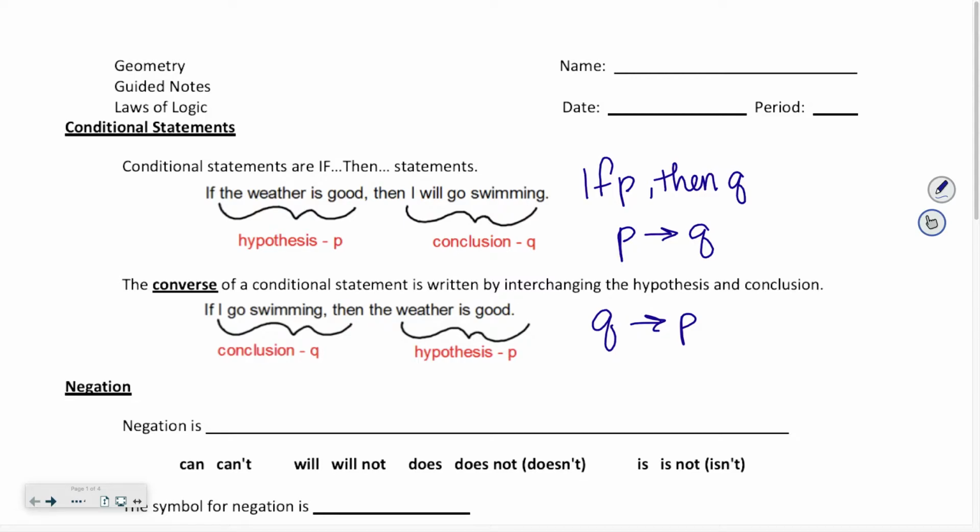All right, negation. Negation is when we are taking a verb and we are changing it from is to is not, or from can to can't, or from will to will not. So negation is just the opposite. That's all you got to write. The opposite.